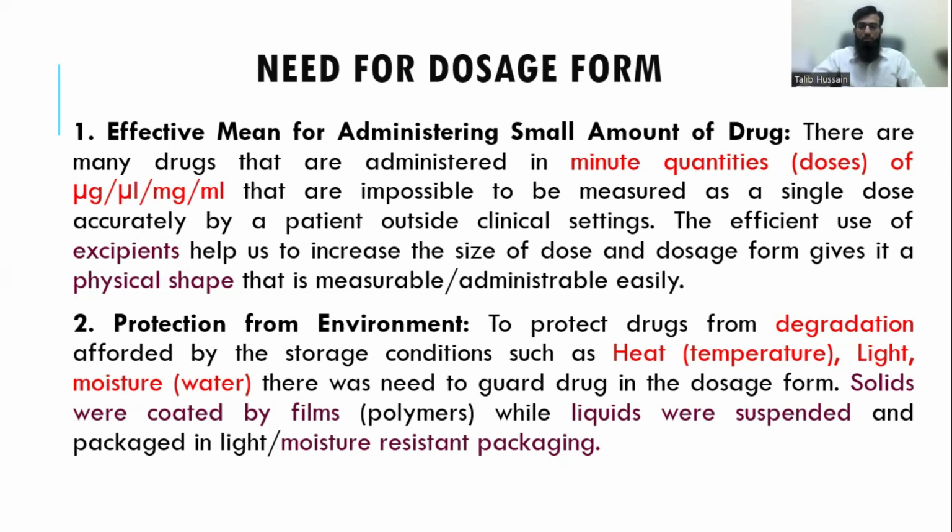And these types of balances or measuring utensils are actually not available with our common people. So they cannot accurately weigh such a dose of the therapeutic substance for administration. Even a technical person cannot weigh or measure such a dose.